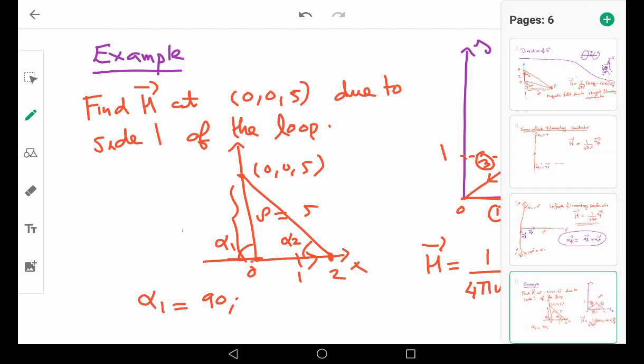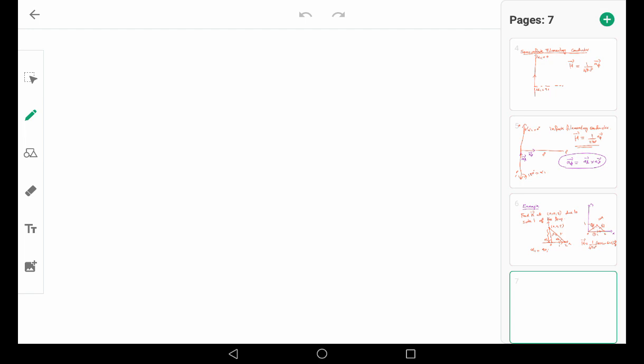And you know, you can have cos alpha 1 equal to cos 90 equal to 0, right? Cos alpha 2 is adjacent side by hypotenuse, right?